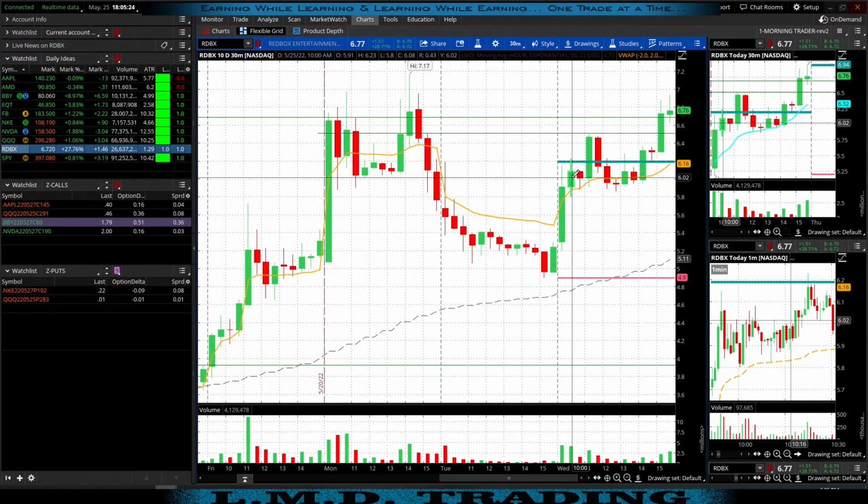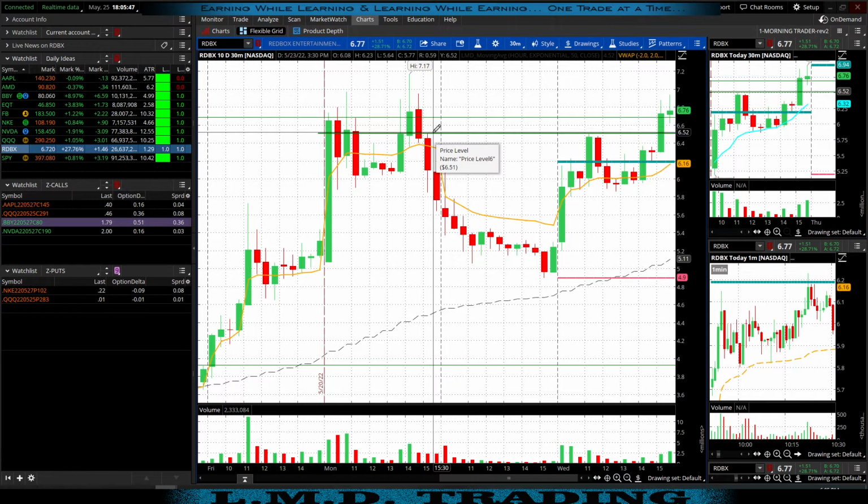So if you remember, in RT's chat room, I said my entry was going to be 6.25. So I wanted to get in 2 cents over that candle. I had the stop right at the low of that candle. And my first target was going to be right here, I think I had it about 6.50 is where I was getting out of it.